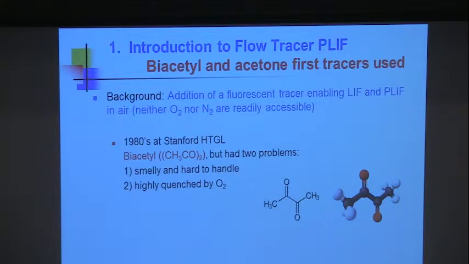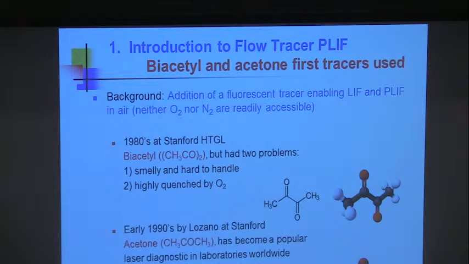Nitrogen we don't do. So we had this biacetyl idea. It was smelly, hard to handle, and this is the structure of biacetyl. There's a methyl, and when you see this double bond to O, that's called a carbonyl group. And so it has the smelly nature, and it's impacted by O2. Around the early 90s, Lozano was my Spanish student.